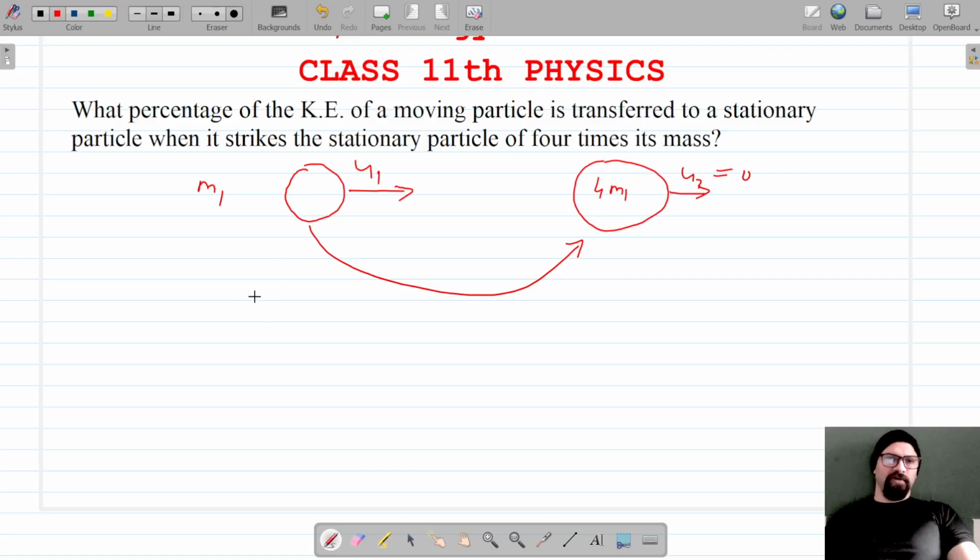So let its final velocity be v1 and the second's final velocity be v2. So what percentage of kinetic energy of the moving particle?